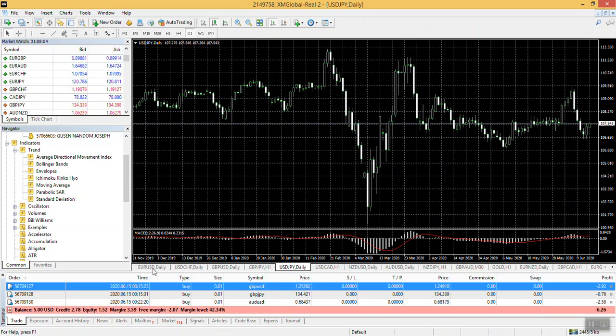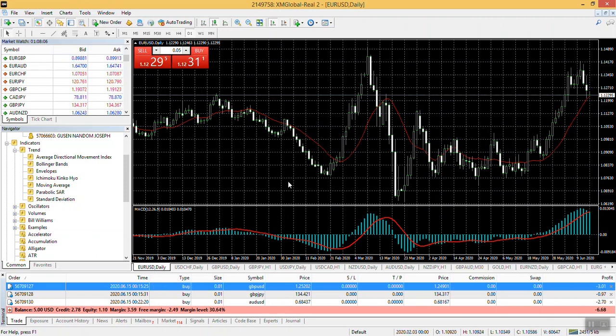So this is how to understand trends and how to confirm whether a trend is genuine or not. If it is genuine, check other currency pairs and you would see the same behavior, and that same behavior confirms that the trend is genuine.